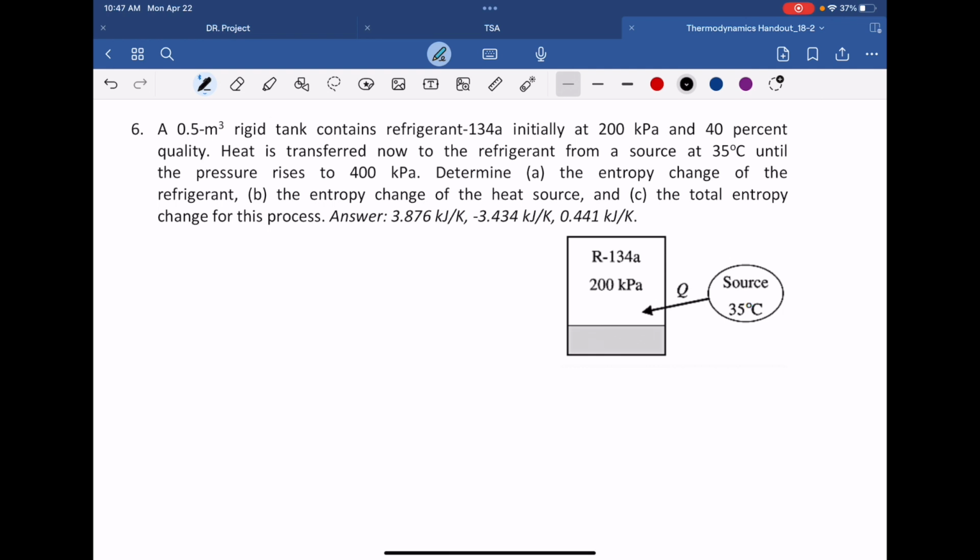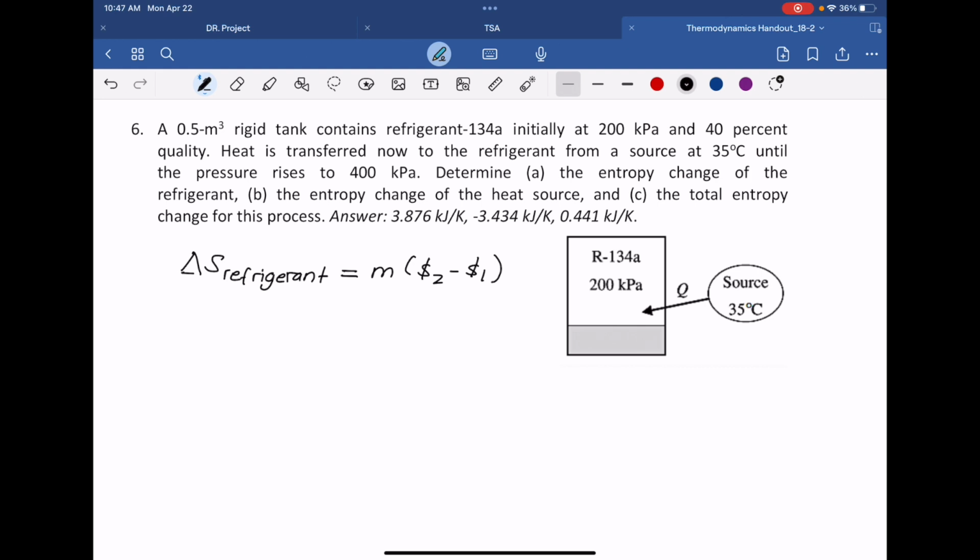Now, if that is the case, can I find the refrigerant's entropy change from this relation? Let's take a look at it.